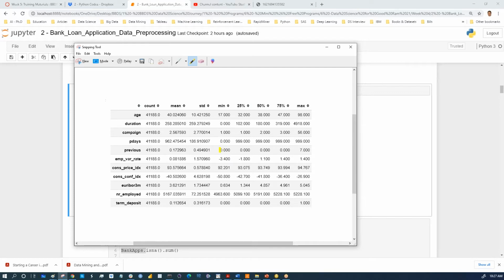I see some zeros in there for previous. Campaign, yes, that is true, I got some negative values in there. Try to clarify that.